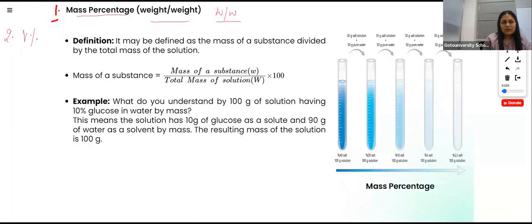First is mass percentage method, second is volume percentage method, third we will study about mass by volume percentage, and then mole fraction.